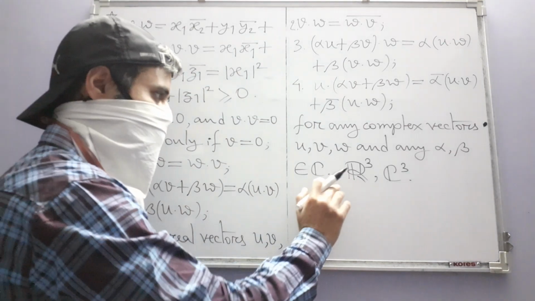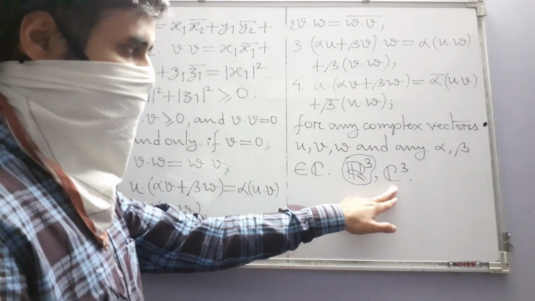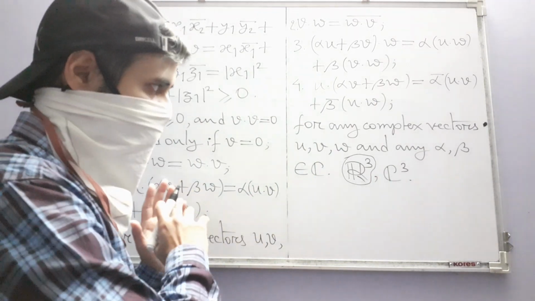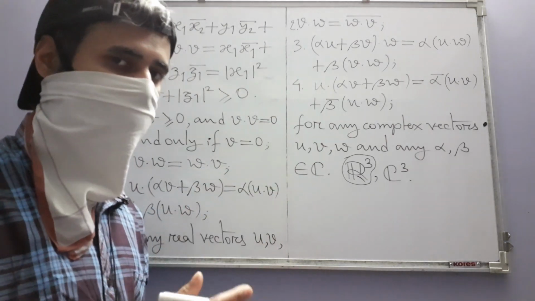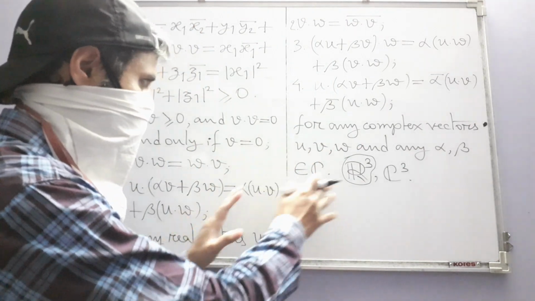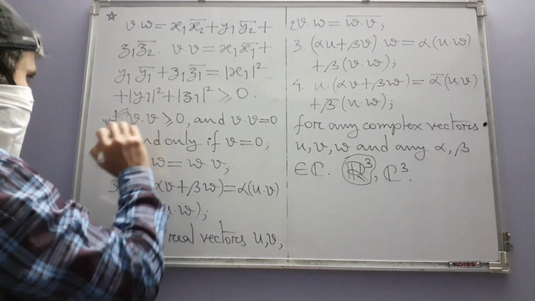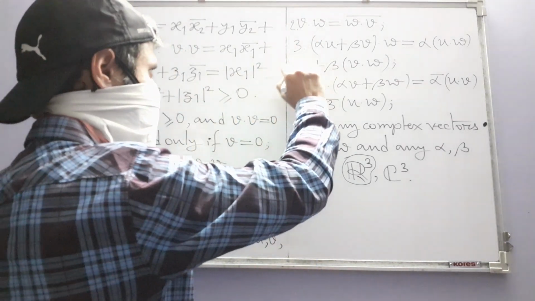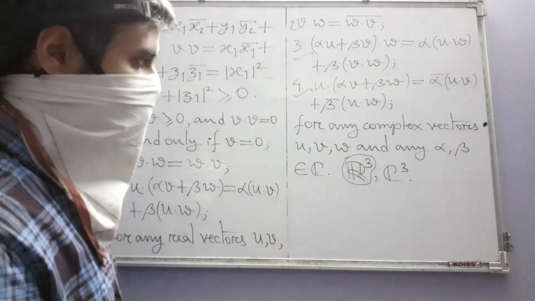In R3 we already know what dot product is from physics and geometry. In C3 we first tried to extend it following the similar definition, which fails us. We do not get what we want, but then we make this slight modification and somewhat salvage matters. The first one we get as it is, the second one has to be modified slightly, and we get a third one, and the fourth one, which is like the third one, has to be modified slightly.